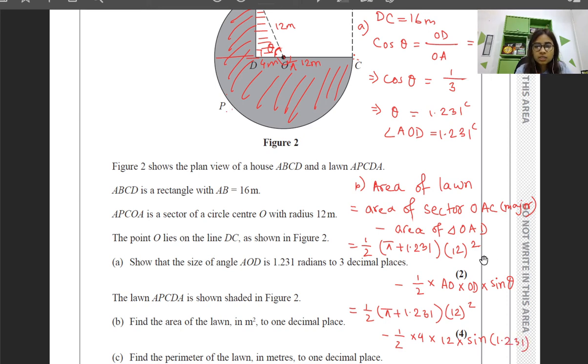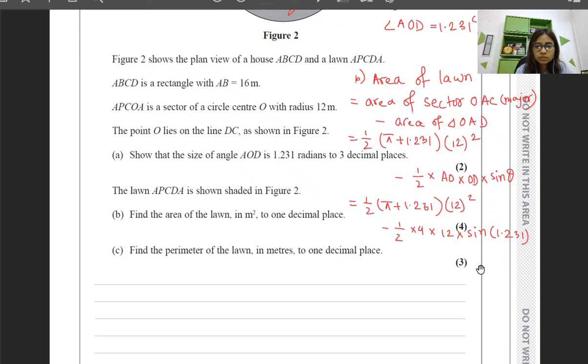Which gives us the answer 292.2 meters square. You can calculate in a calculator and you will find the answer 292.2 meters square. And you can also choose other attempts to find the area, that's completely fine.